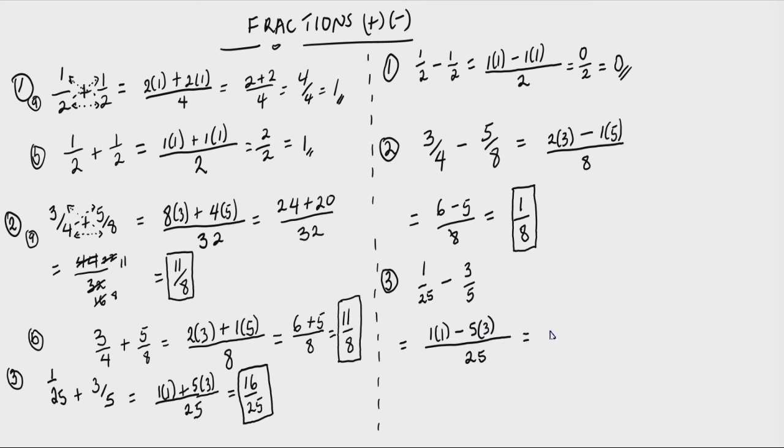And this will be equal to 1 minus 18 divided by 25, which is equal to negative 17 divided by 25. And since you can't divide any further, that is your final answer.